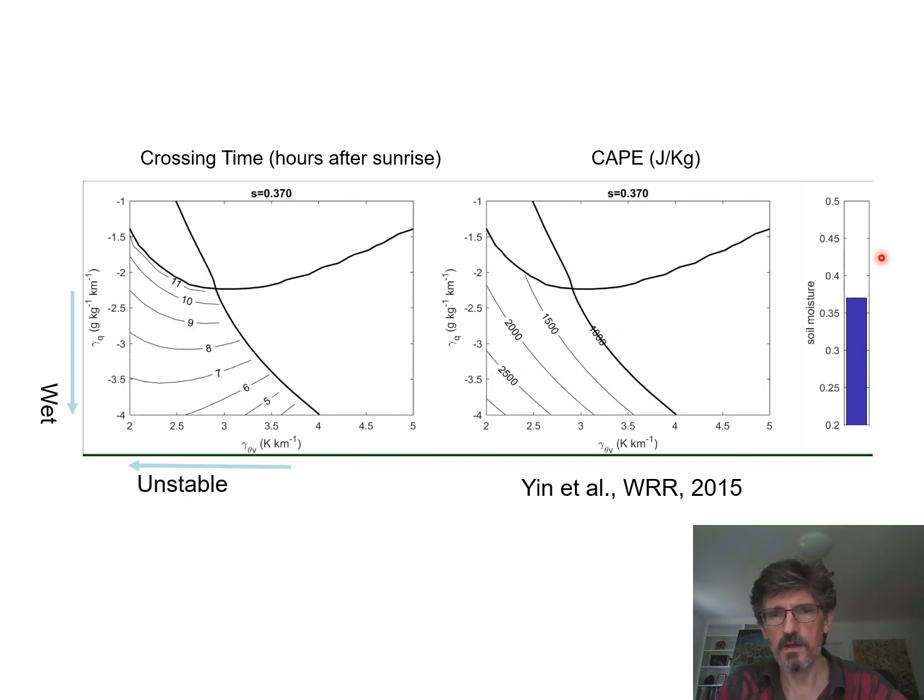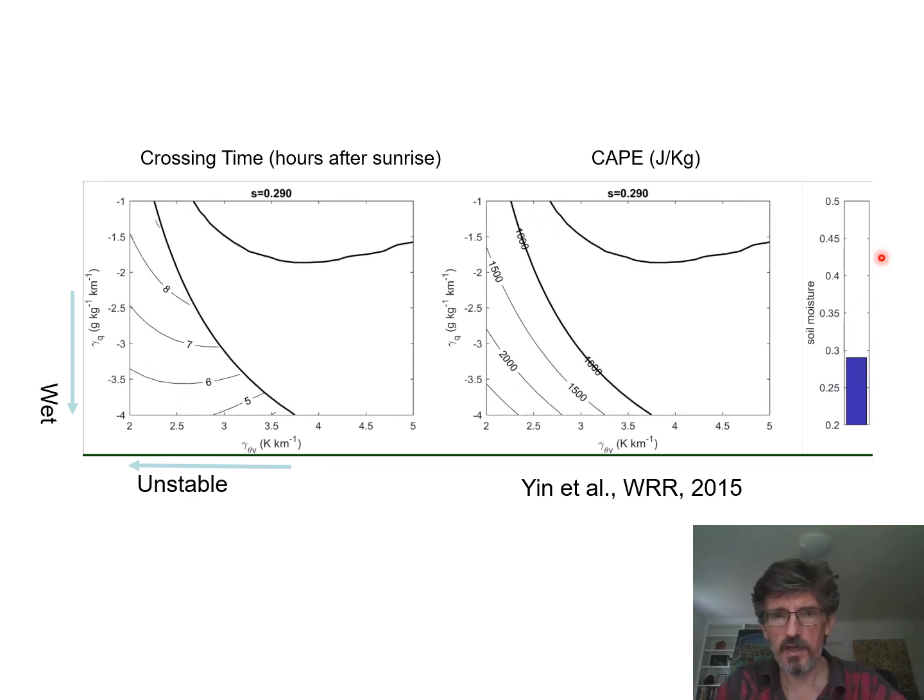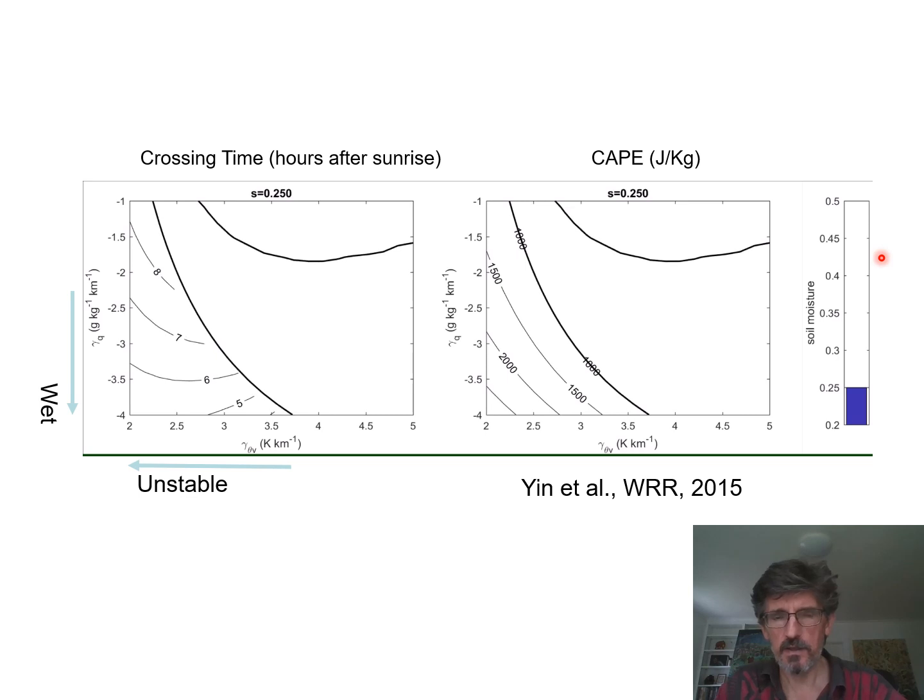You can see they evolve, they change, and at the end, when it's drier, there is less CAPE in general, but there is a bigger region for crossing of the level of free convection. So you can still have triggering of deep convection, but the probabilities are different and the conditions are related to how the whole system combined together works.